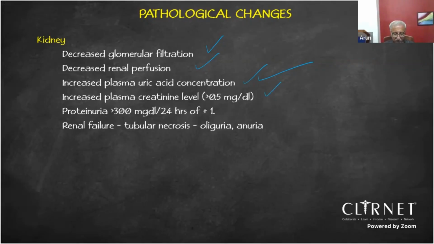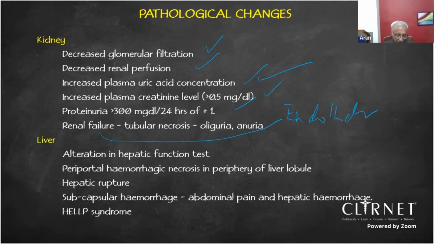Proteinuria more than 300 milligram per 24 hours of urine, or +1 on dipstick test. Renal failure and tubular necrosis occur. What happens in the kidney is endotheliosis, and that leads to tubular necrosis at times, and oliguria and anuria.